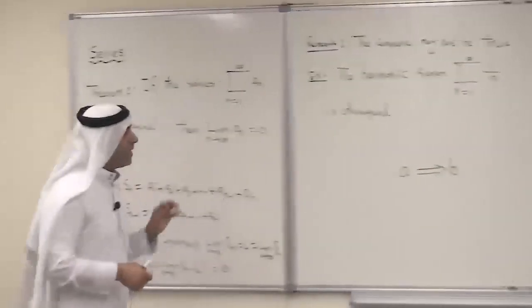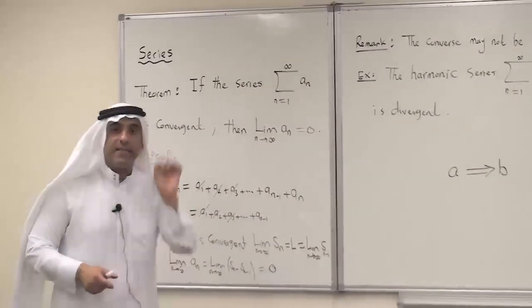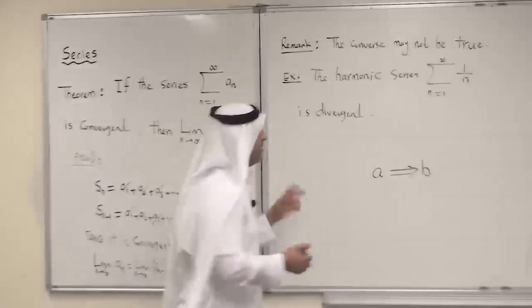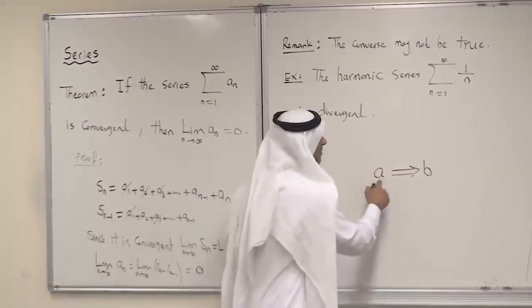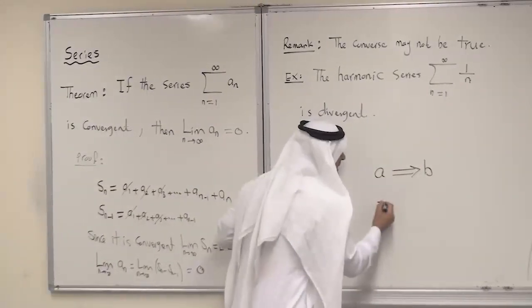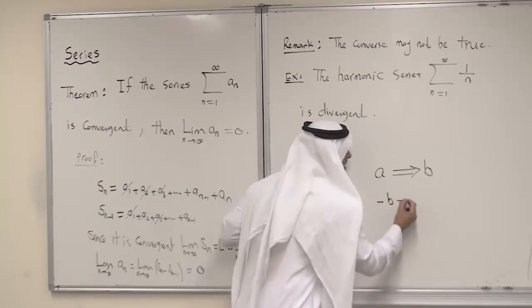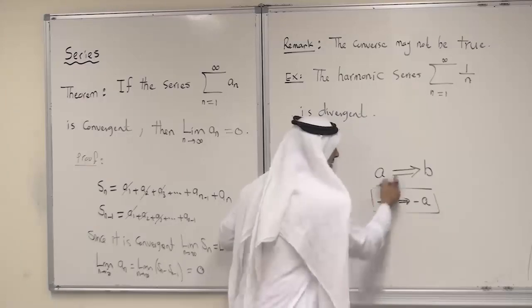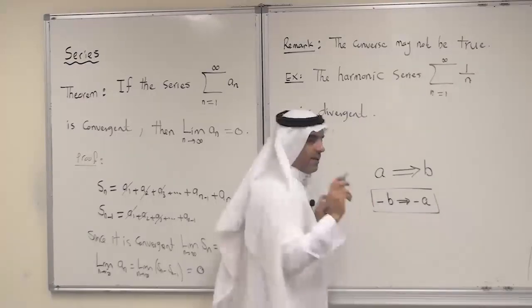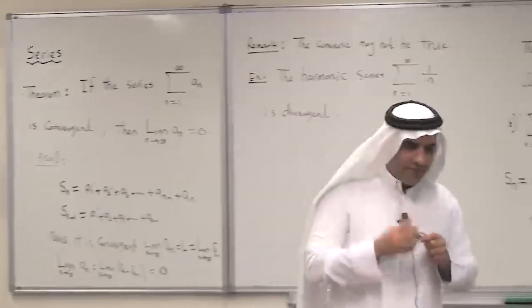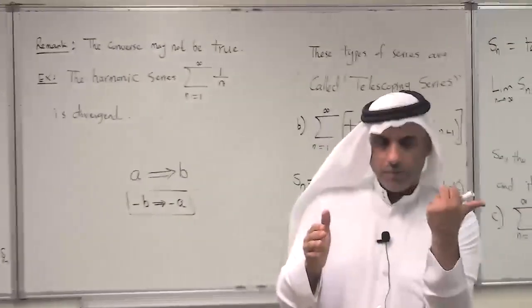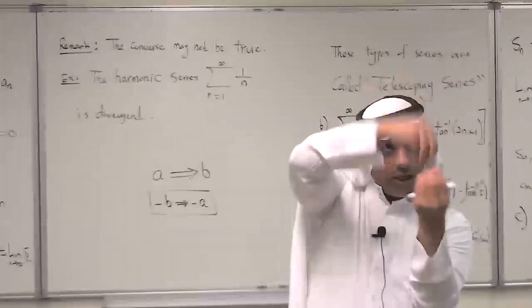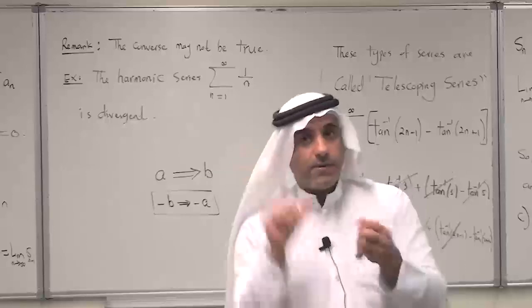But we can get a very interesting statement here: the contrapositive. In mathematics, if you have A implies B, then not B implies not A. That can always be gained from this. Let me show you. If you have differentiability implies continuity, we say not continuity implies non-differentiability.